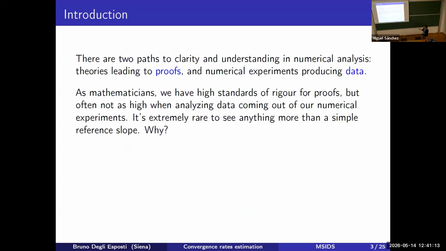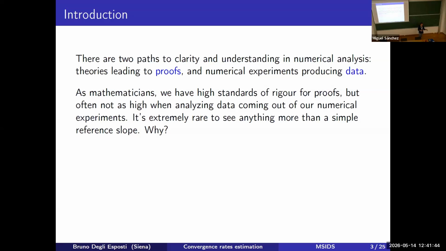Okay. And in numerical analysis, there are two ways to get clarity and to understand the methods we use. We can analyze these methods from a theoretical point of view, and this culminates in proofs. Or we can gather experimental data. And as mathematicians, we have very high standards of rigor when it comes to proofs.